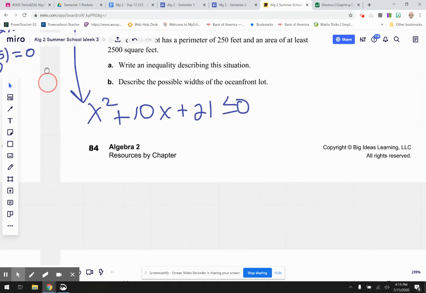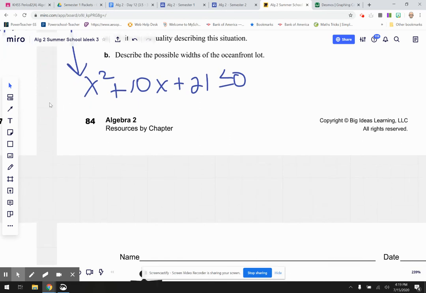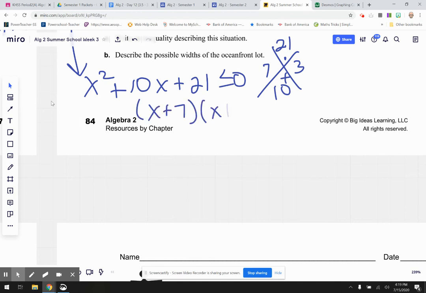Okay, so let's move up just so you can see it better. I would try to factor that. I would try to look for two numbers that would multiply to give me 21 that would add up to 10. And I think 7 and 3 are perfect. 7 times 3 is 21, 7 plus 3 is 10. So x plus 7 and x plus 3 is less than or equal to 0. So what would make each one 0?